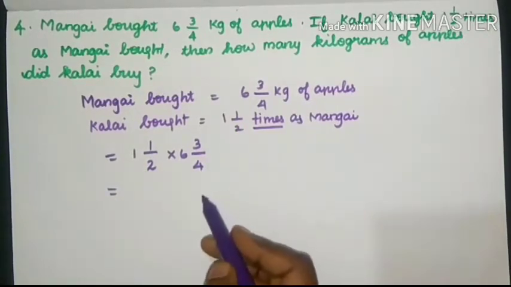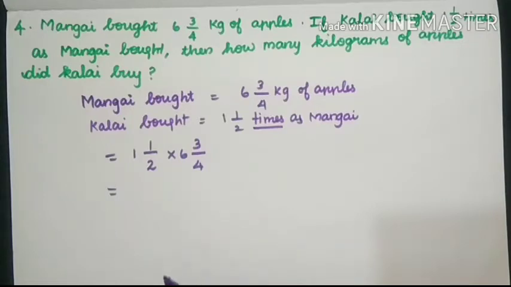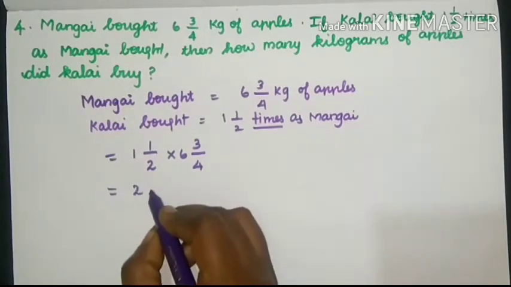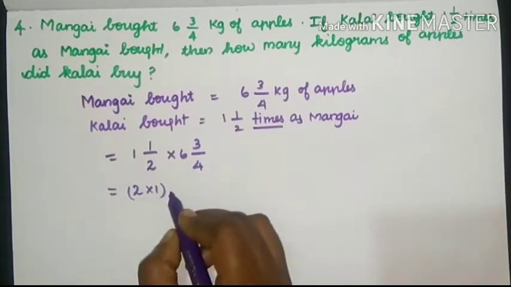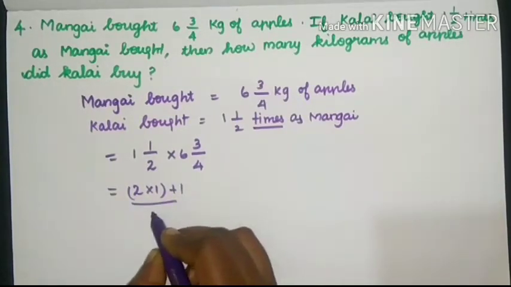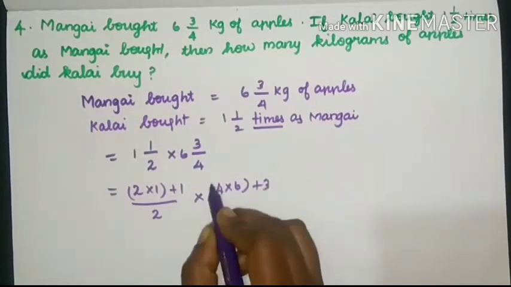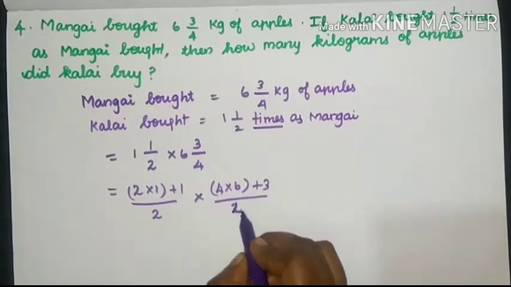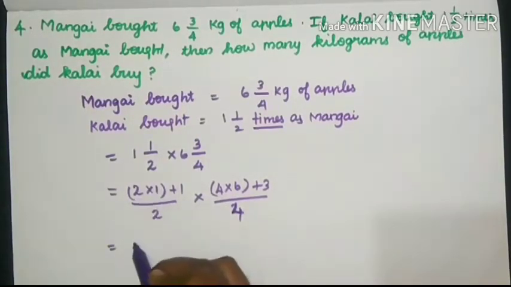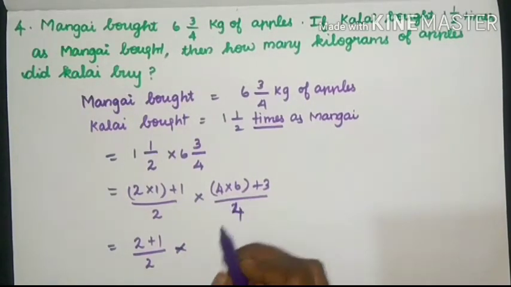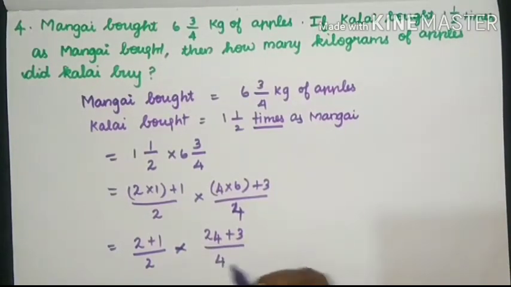Here the given fraction is a mixed fraction. So you have to change this mixed fraction into an improper fraction. That is denominator into whole number plus numerator. 2 into 1... plus 1 by 2 into 4 into 6 plus 3 divided by 4. 2 ones are 2 plus 1 by 2 into 4 6s are 24 plus 3 divided by 4.